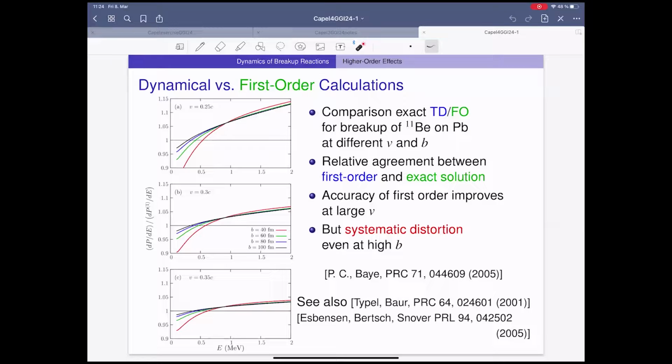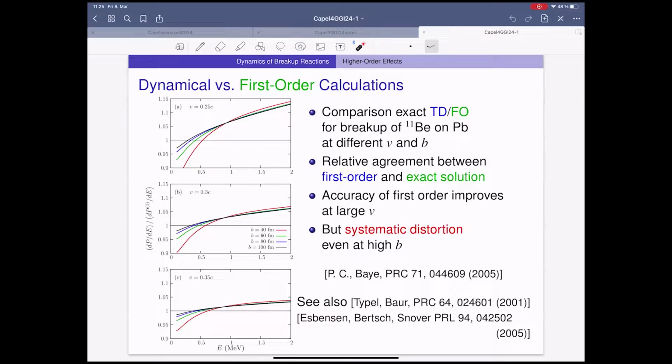You're far away, it's a distant field, the velocity is high enough, but we see a distortion. And it's a distortion which is not small, it's more than 10%, so nearly 15% here. And it gets better when you go higher and higher in velocity, but even at a third of the speed of light, you still have some distortion here, and we need to understand what's going on.